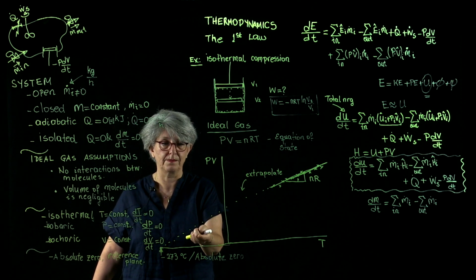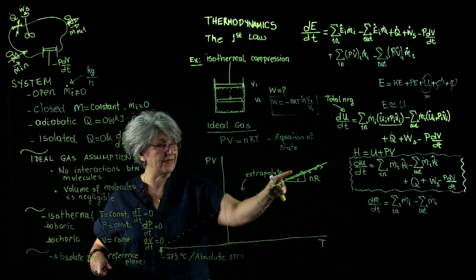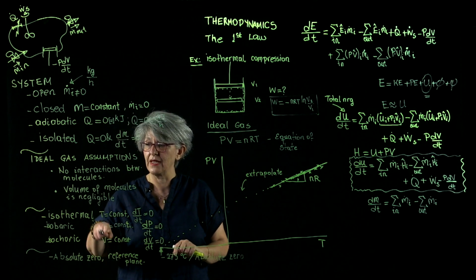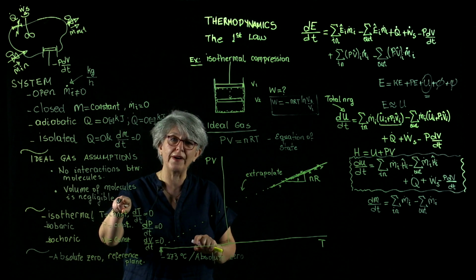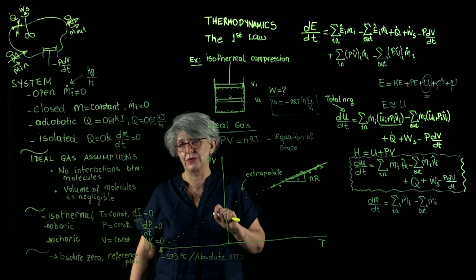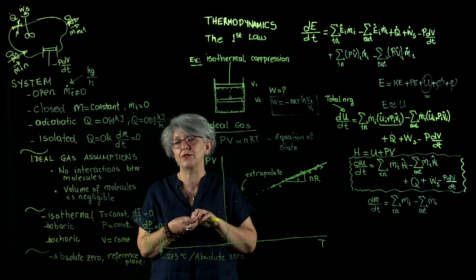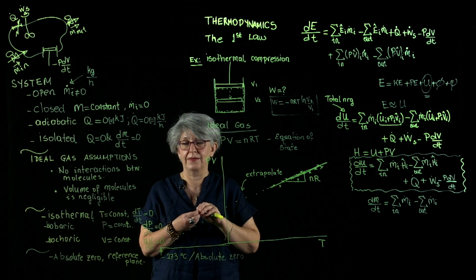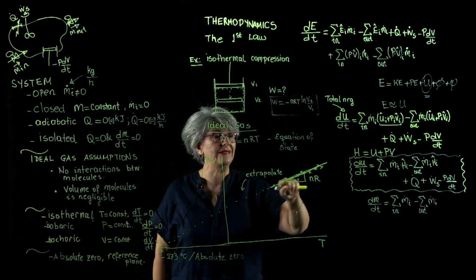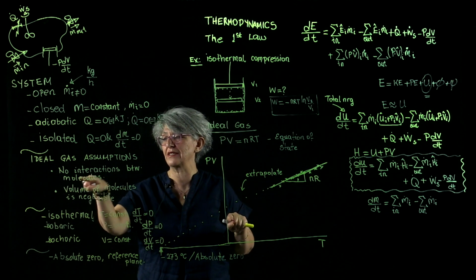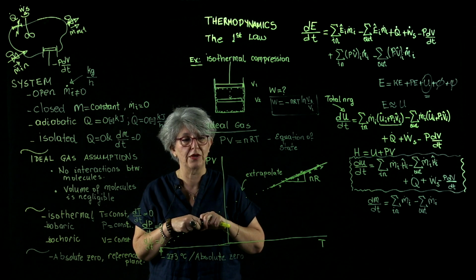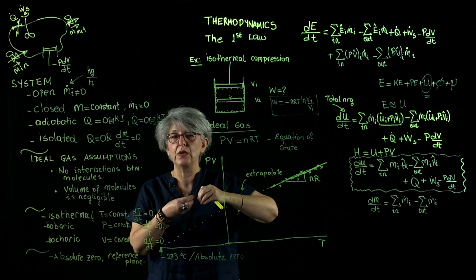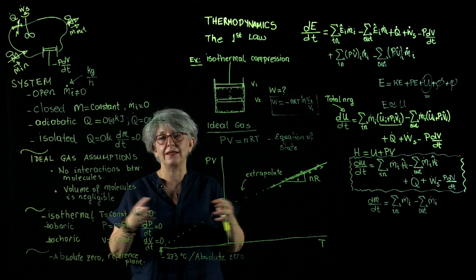All right? But here, when we take this one and extrapolate and obtain our absolute zero, we neglect the finite volume of these molecules, the ones that we could condense, the ones that we could solidify. Okay? And of course, the second assumption that makes this relationship linear is the absence of interactions between the molecules, so that when we compress the gas, molecules continue to make elastic collisions amongst themselves.